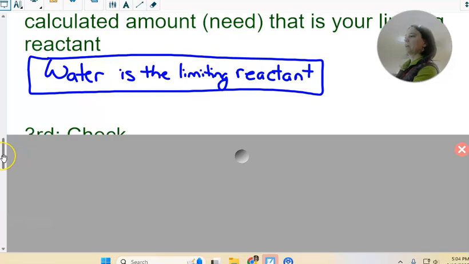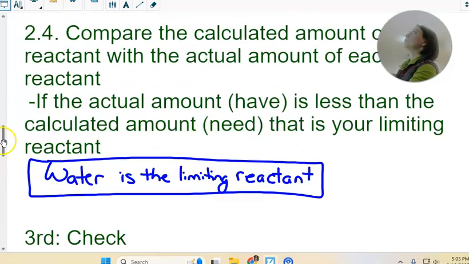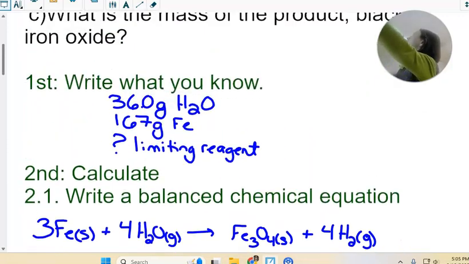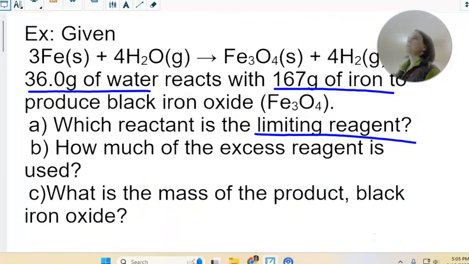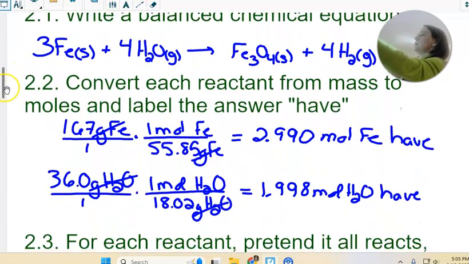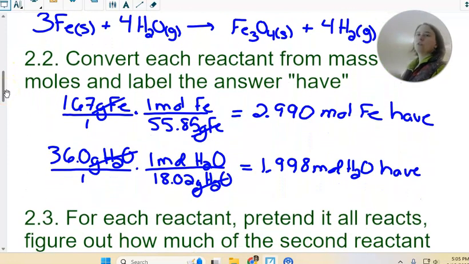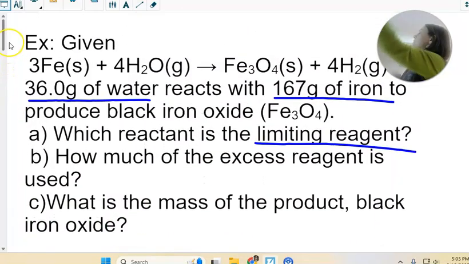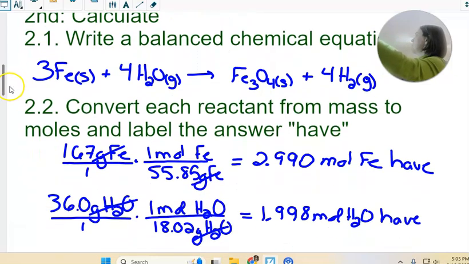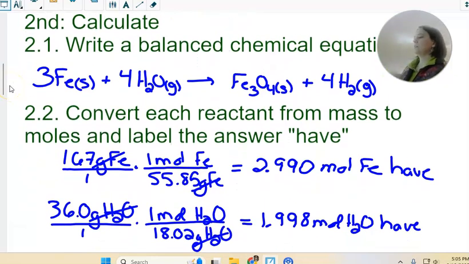And then let's check. All right, so coming all the way up to the top. If I have 36 grams of water, I have around 2 moles, because the molar mass of water is 18. If I have 167 grams of iron, it's about 50, so if we take 150 divided by 50, and I'm rounding these numbers, that would be 3, so I have about 3 moles of iron.